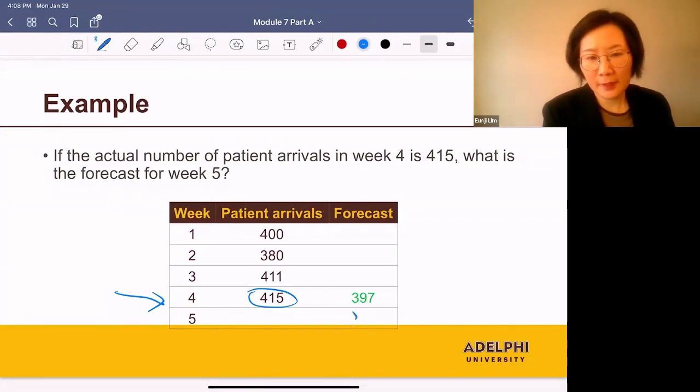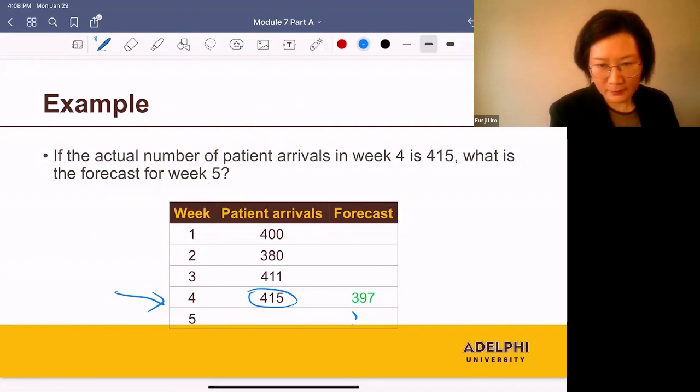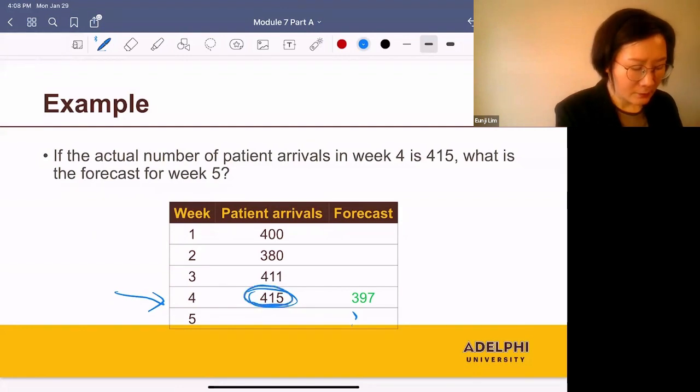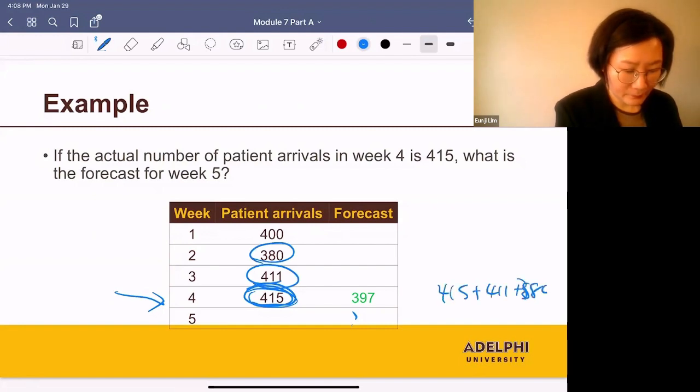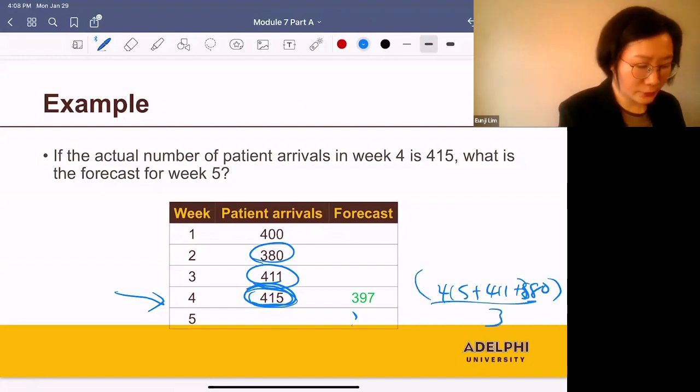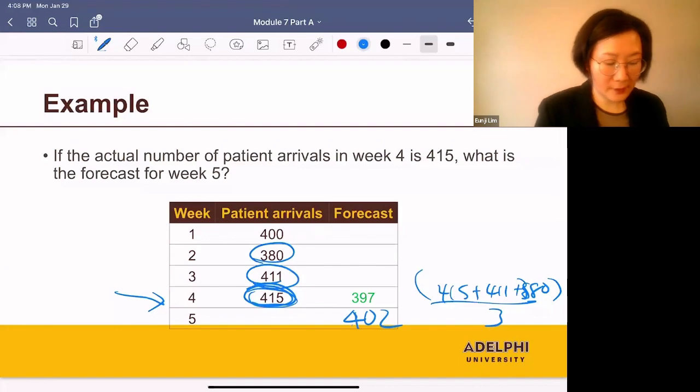Again, we need to collect 3 most recent observations and average them. So what are the 3 most recent observations? This one, 415, 411, and 380. And average them. Divide by 3, and that's equal to 402. That's our forecast for week 5.